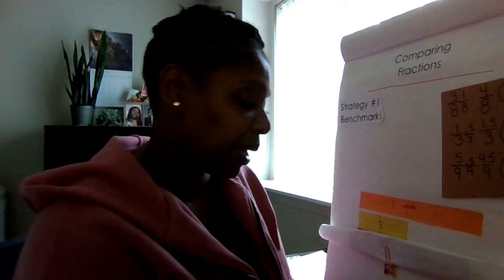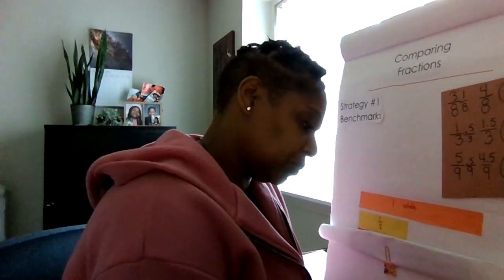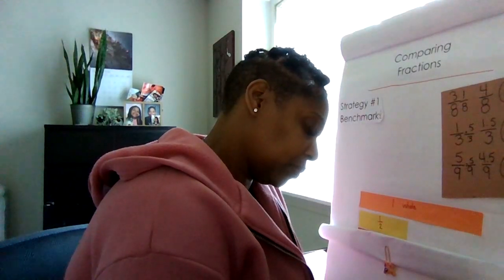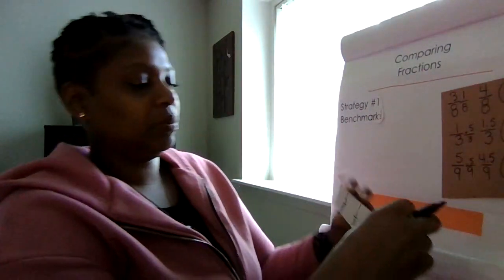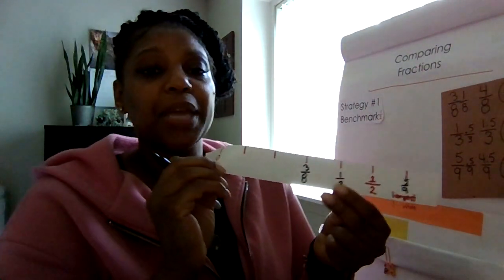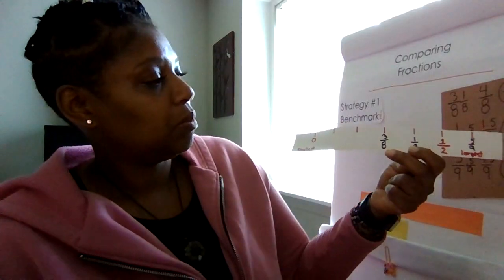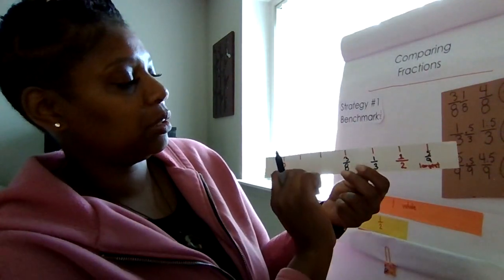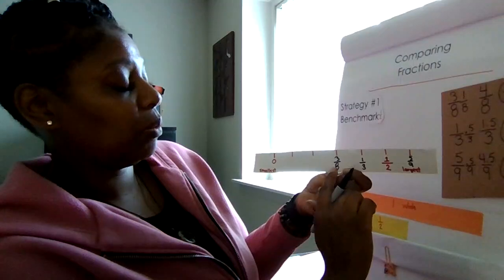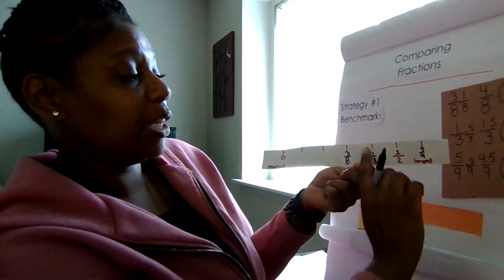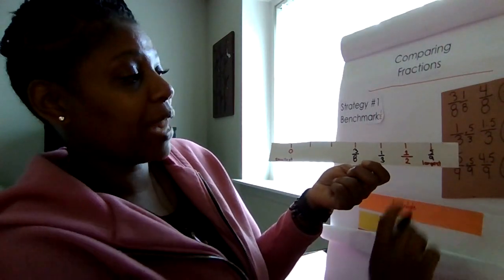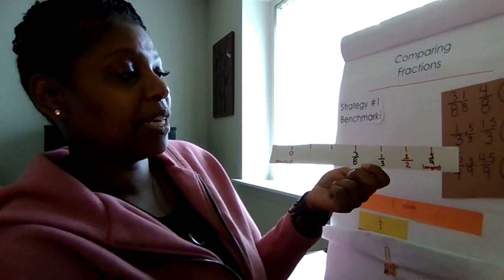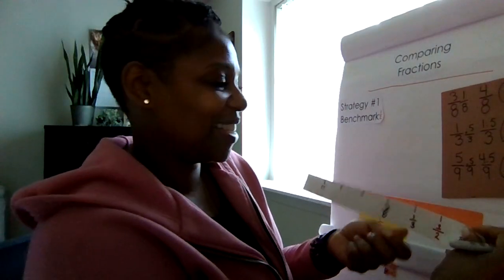Let's mark it on our number line. So now we have it on our number line. And we have it arranged from smallest to largest. We have 3/8, which looks like it's the smallest, and then 1/3, then 1/2, and then our largest is 5/9.